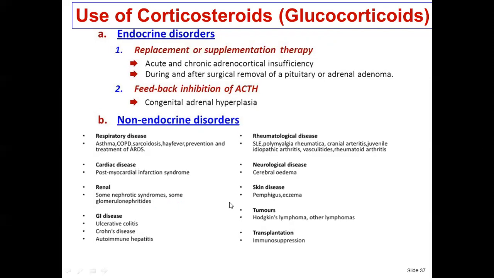Some kind of skin disease like eczema, also tumor like Hodgkin lymphoma, even transplant patients, if there is organ rejection, immunosuppressed patients can also use the steroid.